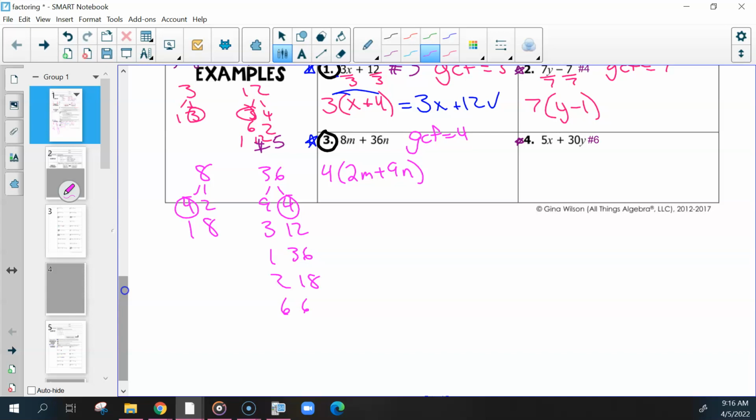Number 4. Looking at those numbers, could you tell me what the DCF is? 5. Do they have any variables in common? No. If we divide these both by 5, what would be left on the inside? x plus 6y.